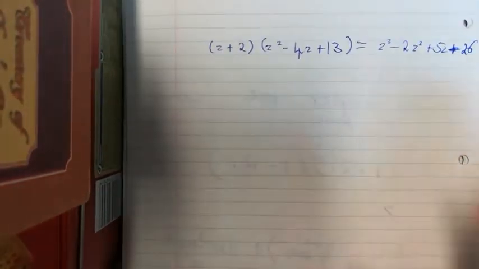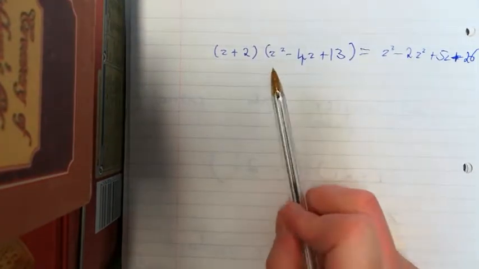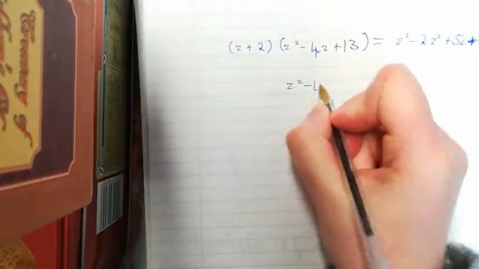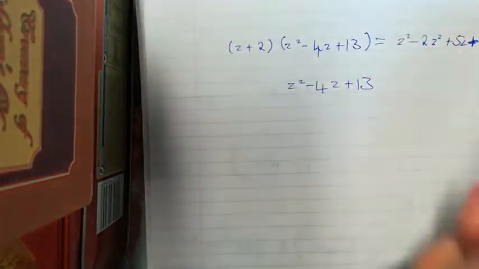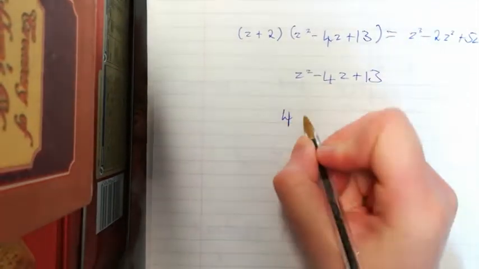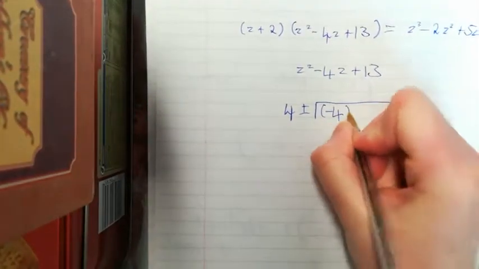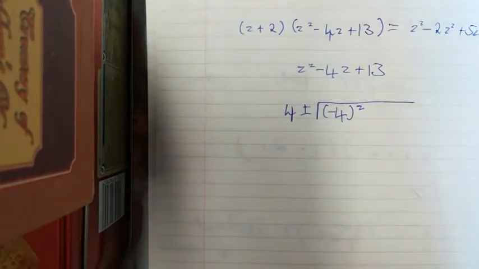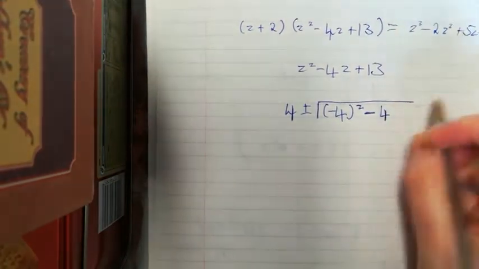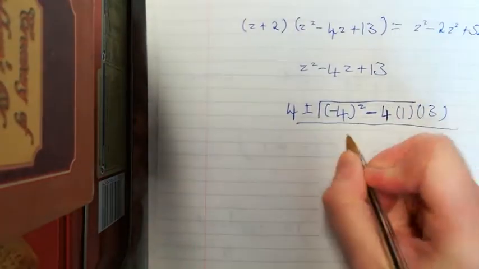But I'm not going to be able to find the roots of this easily, so I can use the quadratic formula. If I'm going to solve this quadratic, I can go minus b, so it'll be plus 4, plus or minus the square root of b squared, which is minus 4 squared, minus 4ac, where c is 13, all over 2a, which is just 2.